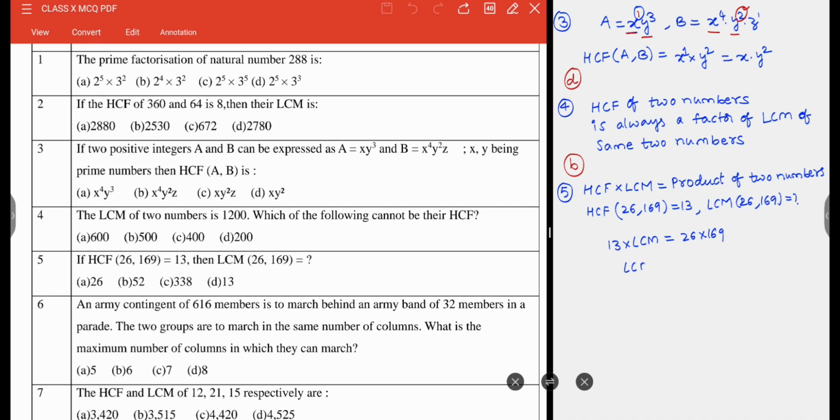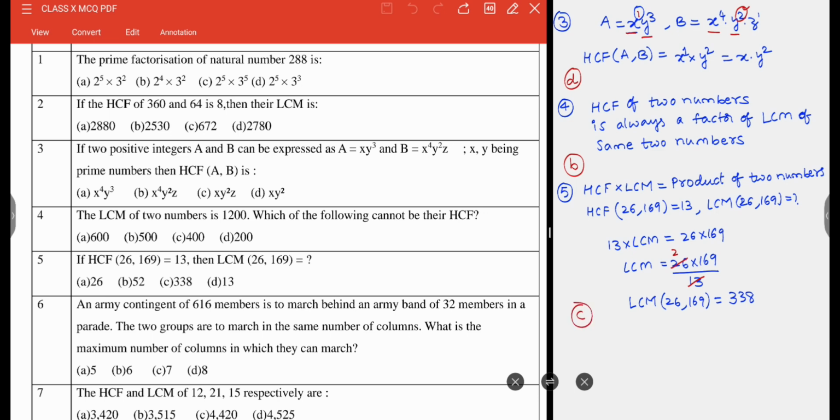So LCM is equal to 26 into 169 by 13. After cancellation, 13 ones are 13, 13 twos are 26. So it is 2 into 169. So the LCM of 26 and 169 is 338. The option is C. Option C is correct.